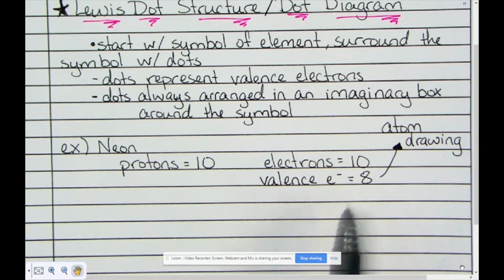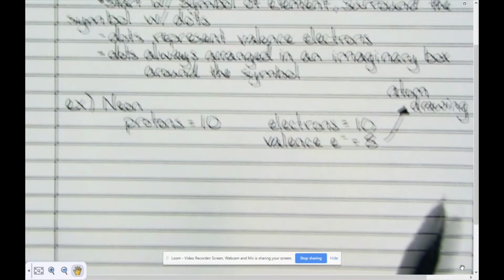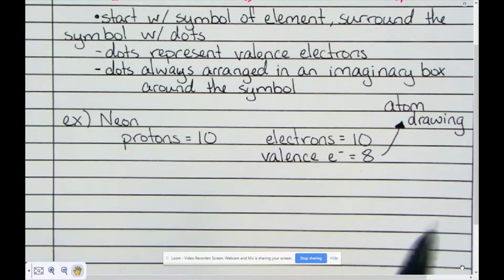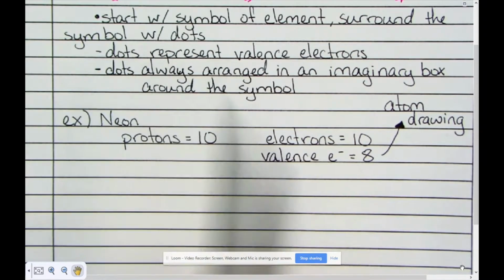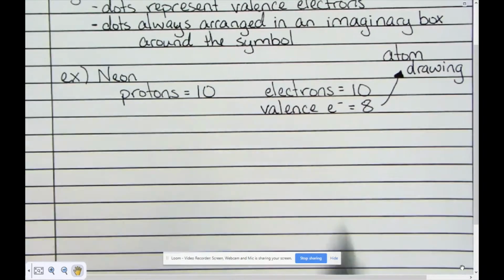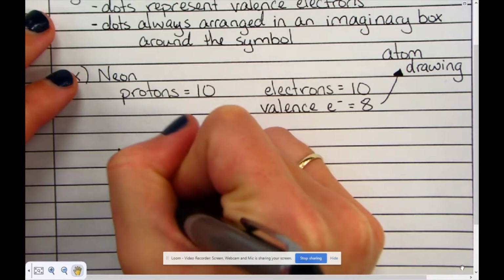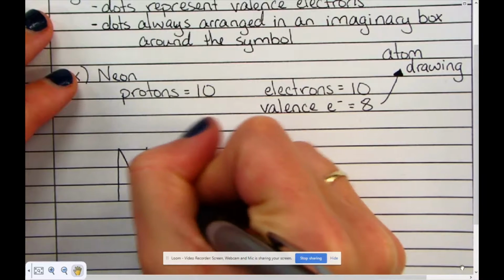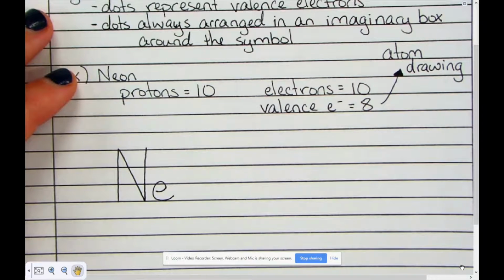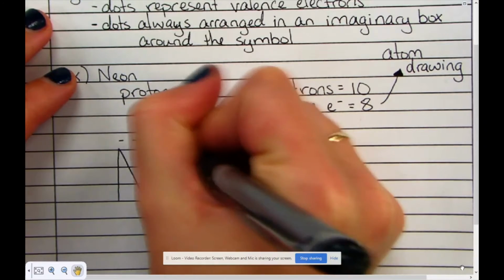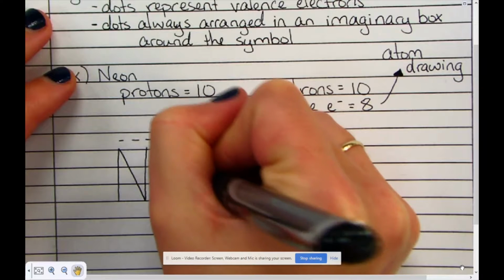Okay? All right, so if we're going to draw neon's Lewis dot structure, it tells us right here that I have to start with the symbol. So what is the symbol for neon? Ne. And then to make sure that I put the electrons in the right place, I'm going to use dotted lines to make like an imaginary little box around neon.